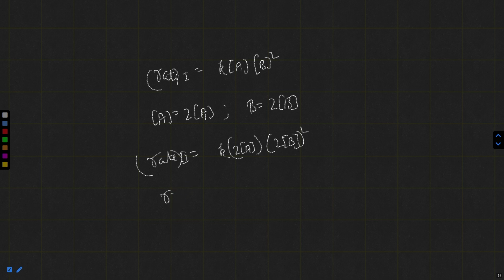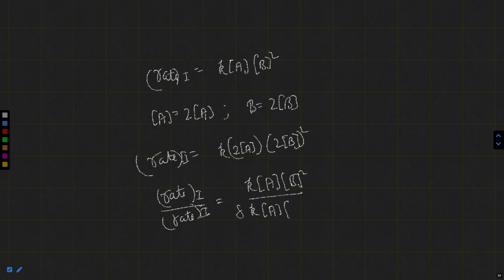Divide both of these. Rate 1 by rate 2. This will give you K A B square by, this is 2 cubed, 8 K A B square. So this will be cancelled out.